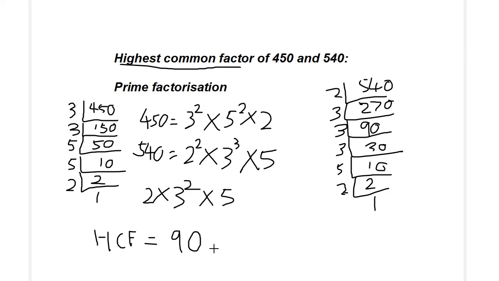I'm sure this way also has its benefits, because it can be used to solve bigger numbers like this easily. I hope you have learned the two methods of how to find the highest common factor of two numbers.